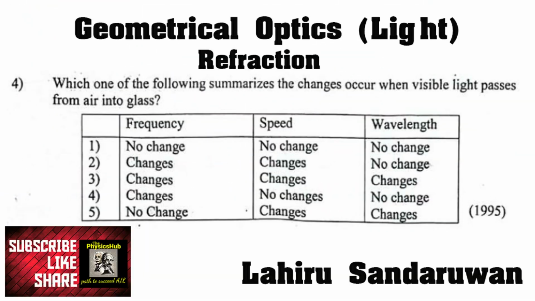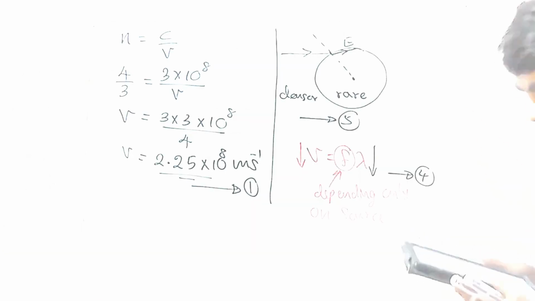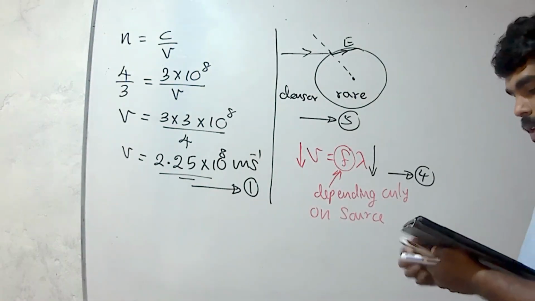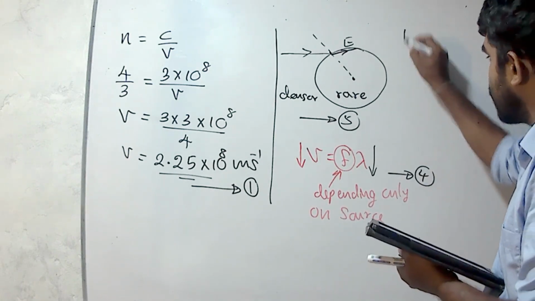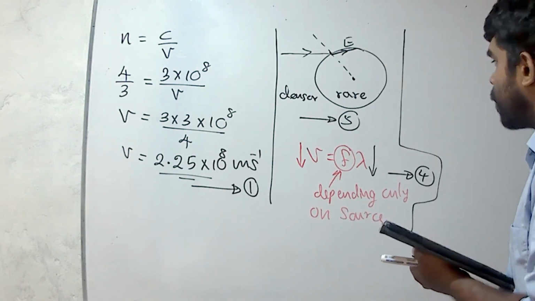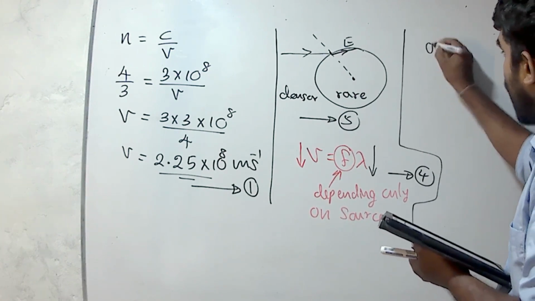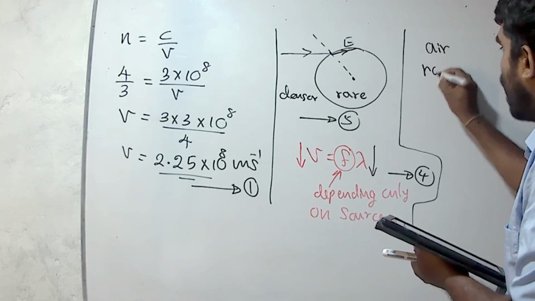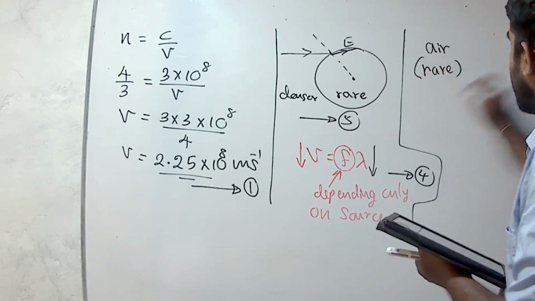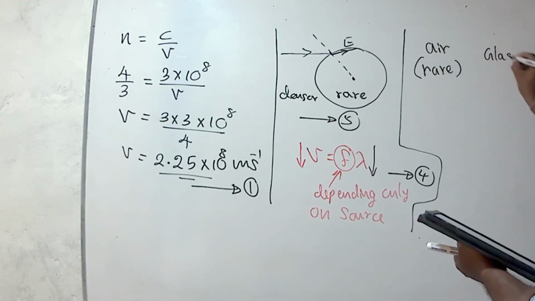Which one of the following summarizes the change that occurs when visible light passes from air to glass? Same theory. Air to glass. Relative to light rays, the air medium is rare and the glass medium is denser.